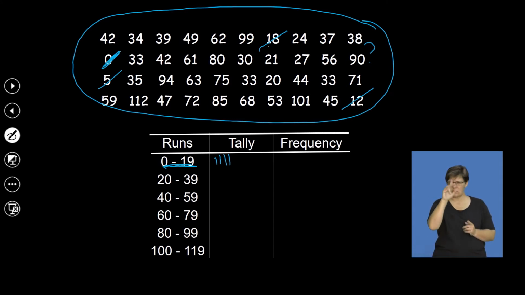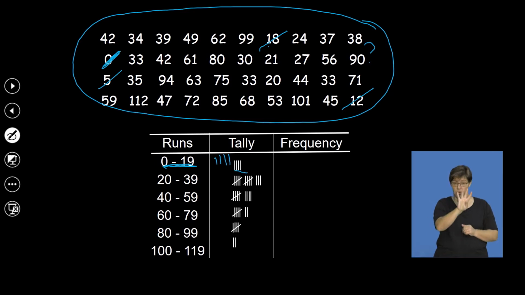42 not there, 99. I'm trying to search. Okay. Then let's see if I'm correct. Yes. So what does this mean? We have 4 tallies between 0 and 19. Between 0 and 19, we had 4 runs.